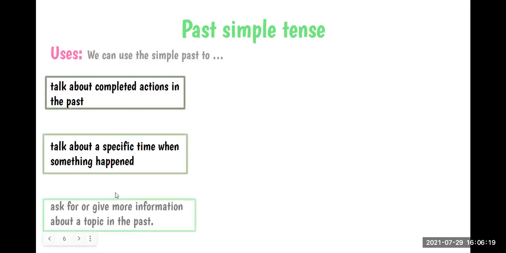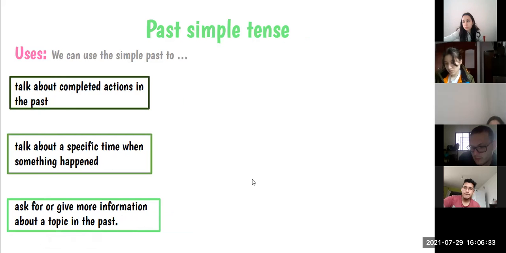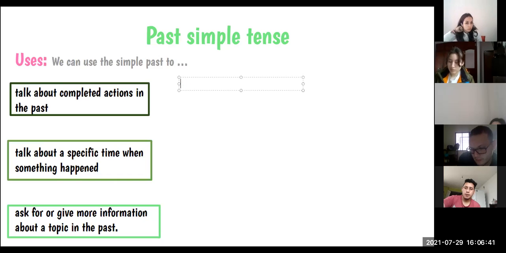¿Ok? And the last one, to ask for or give more information about a specific topic in the past. When we are talking about experiences in the past, we normally start our conversation with the present perfect. Por ejemplo, nuestra conversación sería: have you ever... ¿Qué quieren preguntar?